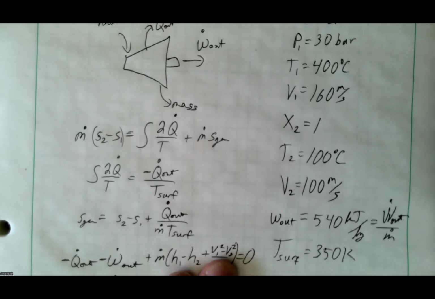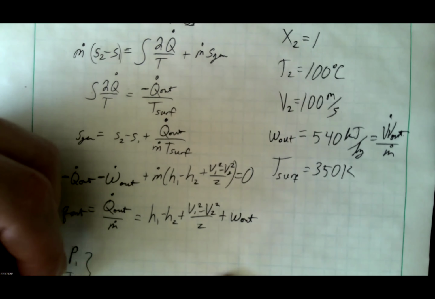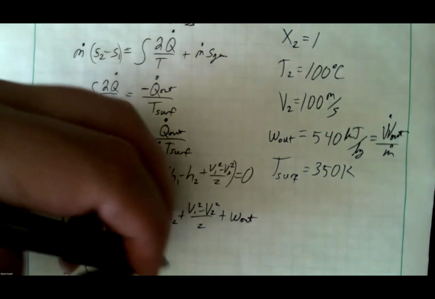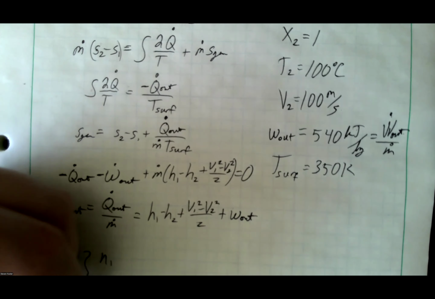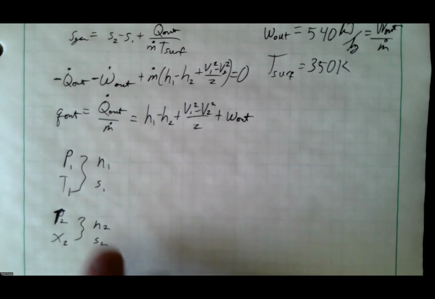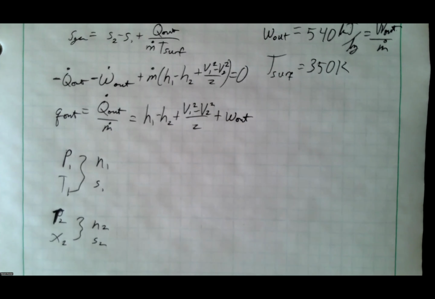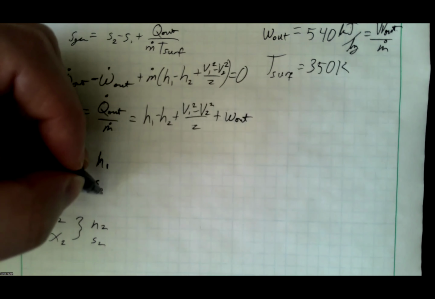Show me you know how to find properties, right? Show me you know, hey, I'm going to use P1 and T1 to get H1 and S1, and I'm going to use T2 and the fact that it's saturated vapor to get H2 and S2, right? And just doing this, I would give you a couple of points for that. I would give you a total of 5 points for getting me all these properties.